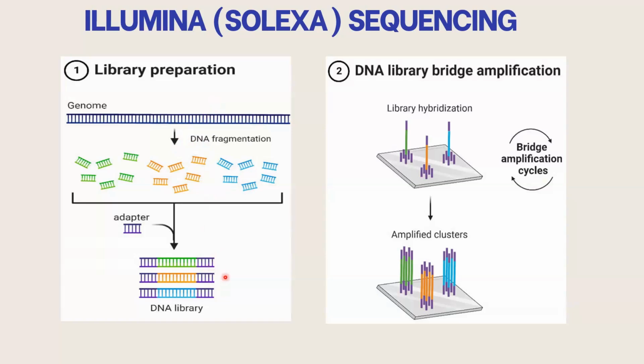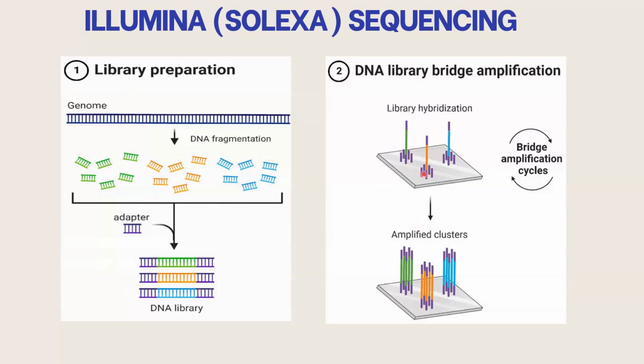The adapter part on the outer part binds to the flow cell. We need them to bind to the oligonucleotides, or the binding sites, that are already found on the flow cell. That is provided by the company, of course. And then the inner sequence is used for the primer ligation and the polymerase ligation to sequence each target.